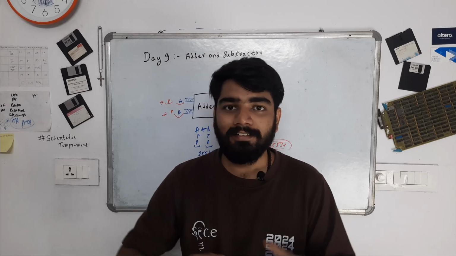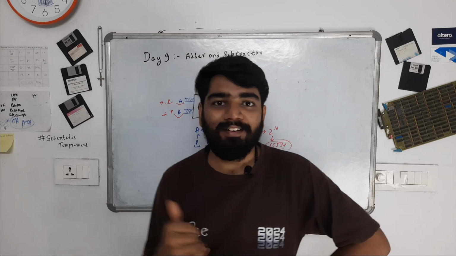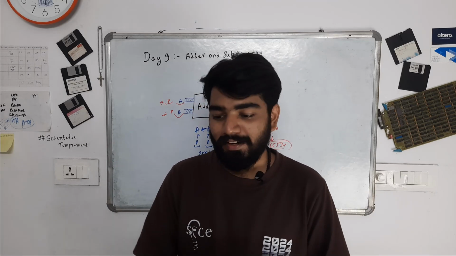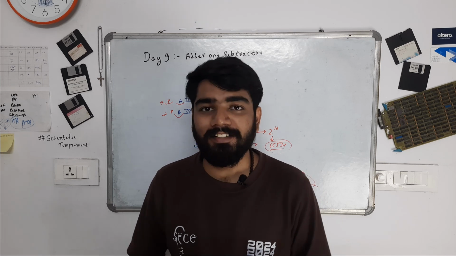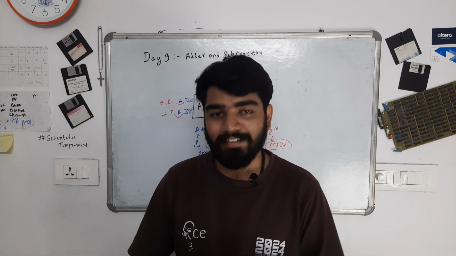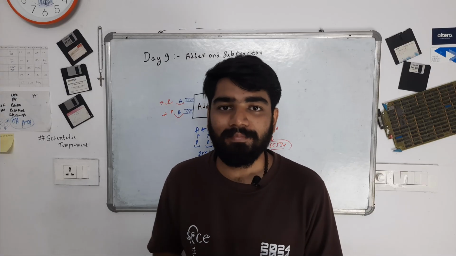Check whether the carry bit is performing right or not. So this is it. This is day 9, where we have implemented an 8-bit adder and subtractor, and we have checked through the testbench whether it is behaving correctly or not, and we have done a full exhaustive verification as well, right? And we have implemented the adder on the FPGA.